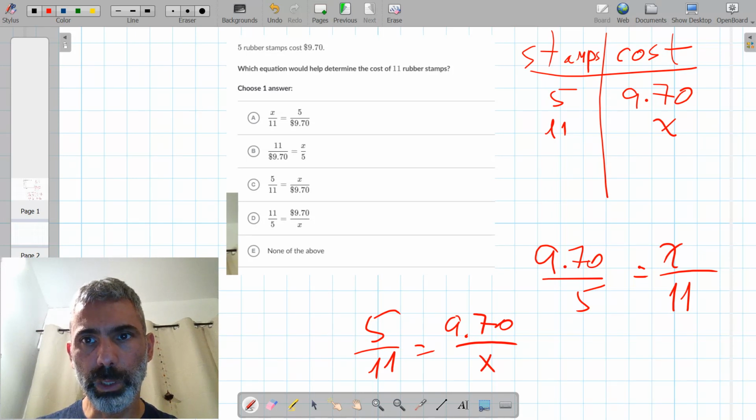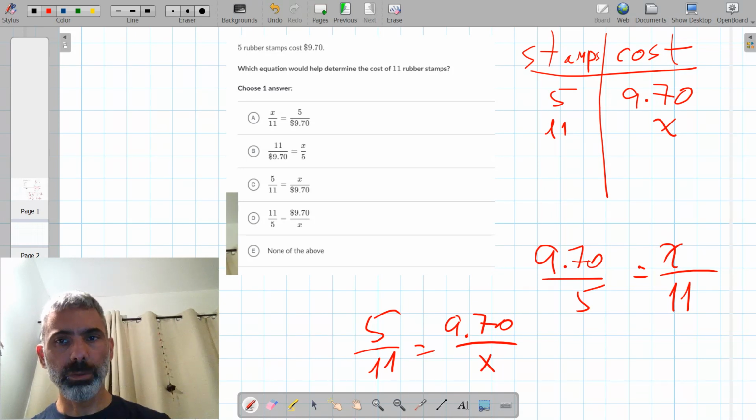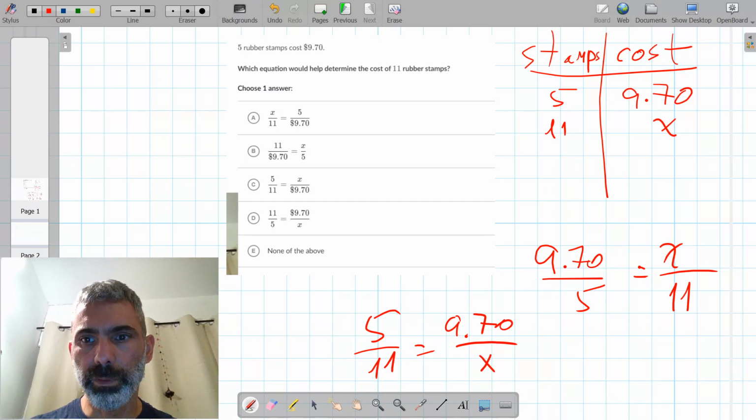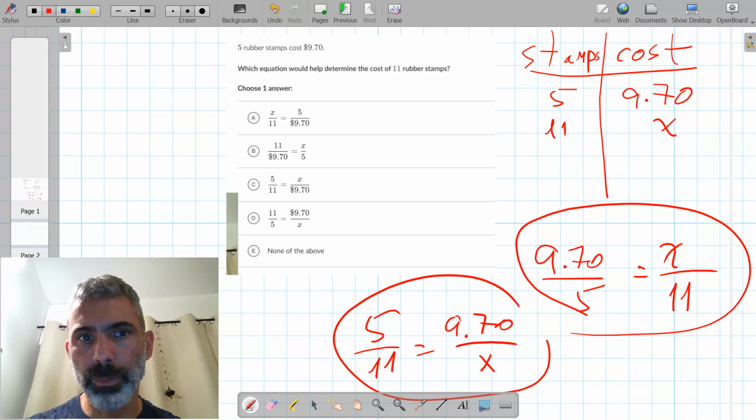The ratio between the 5 and 11 is the same ratio between the cost of 5 stamps and the unknown amount of money that 11 stamps cost. Okay, so let's see if it's one of these options. So X over 11 here, they got it the other way around, so option A is incorrect.